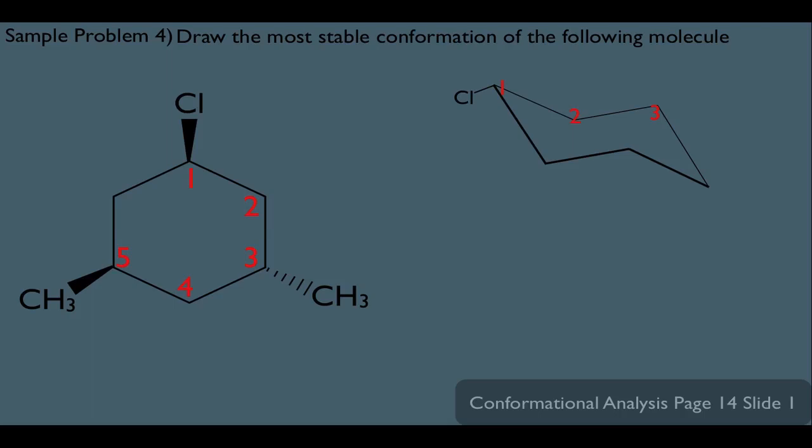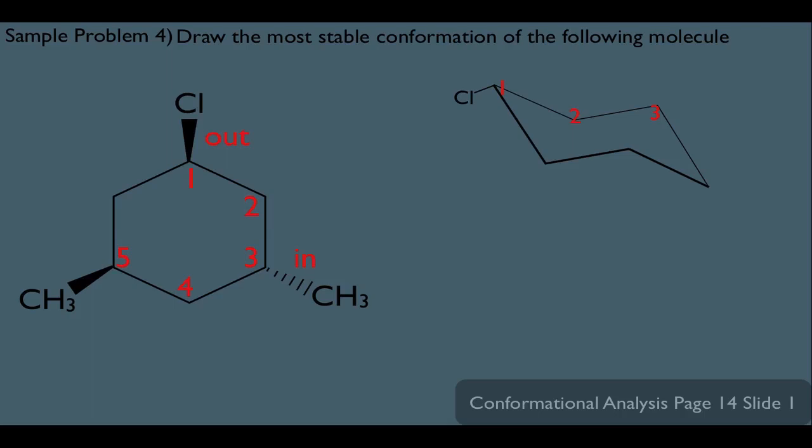Well, look what the two-dimensional structure given to us is telling us. Remember, this bond wedged solid means coming out of the board, and this bond right here means it's going into the board. The question is, how do we translate that to chair cyclohexane? Well, it's probably what you would think. Out could be, for instance, up, and in could be down.